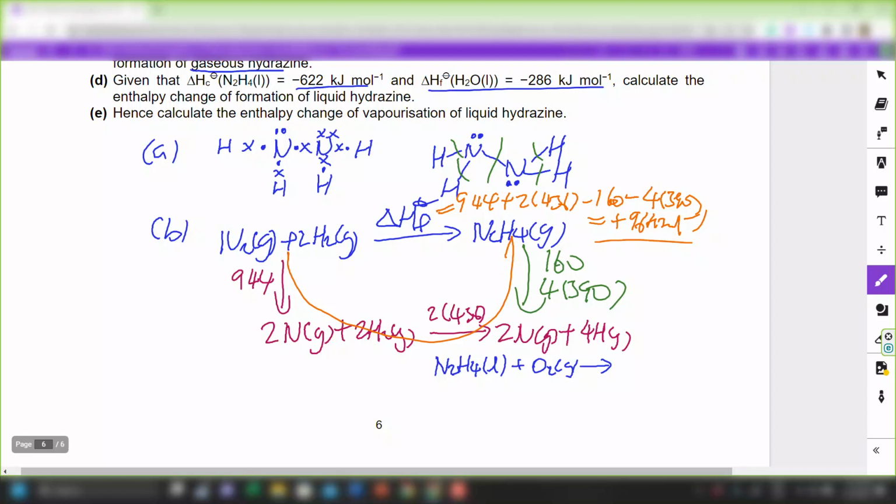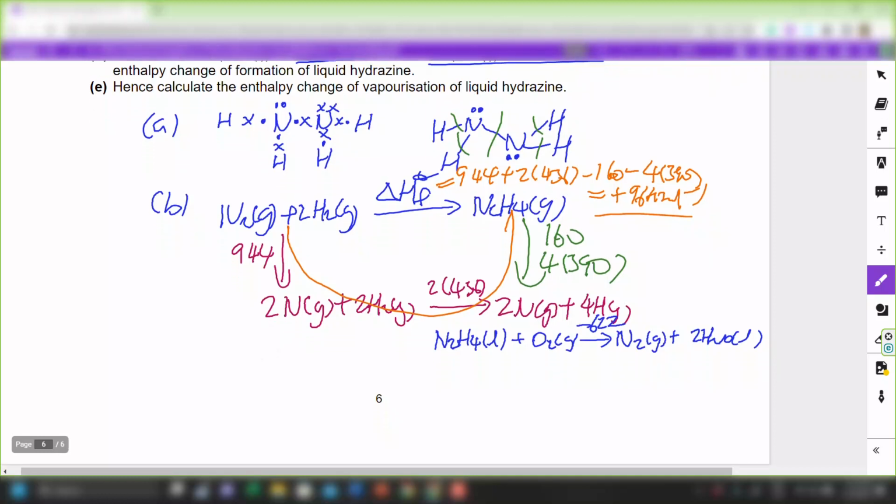I'm not given any data for formation of NO2, right? So in this case, I'm just going to assume that I'm going to end up with N2 over here. Of course, it is possible for NO2 to be formed, but it really depends on the condition. And then of course plus 2H2O liquids, and then this will be negative 622. So that's given to me, right?